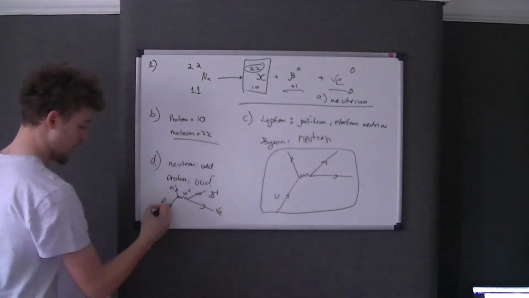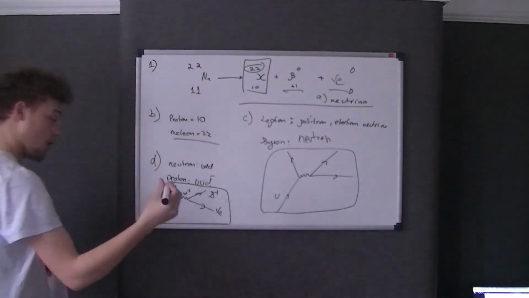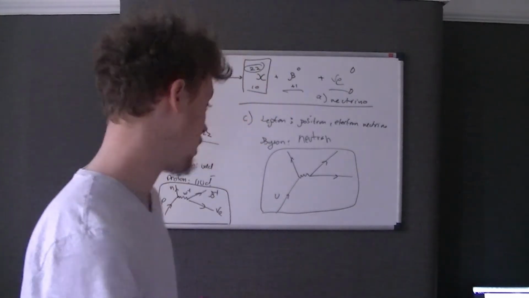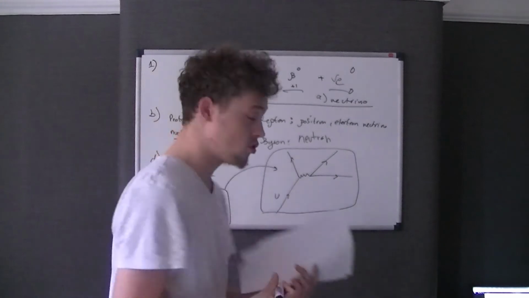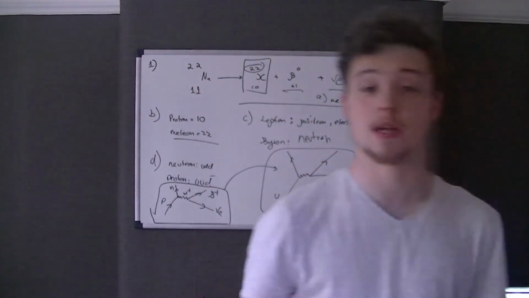Essentially what this 1A is asking is we need to draw the beta plus decay on a Feynman diagram, and we need to draw it again, but this time instead of drawing it in terms of the actual particles, we need to draw it in terms of the quarks.